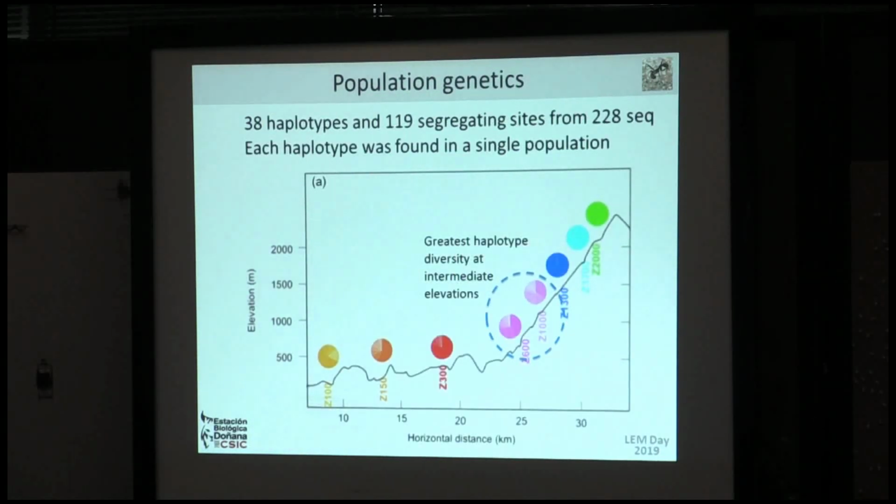Concerning population genetics, we found 38 haplotypes, and each haplotype was found in a single population. As you can see by the colors, the greatest haplotype diversity was at intermediate elevations, 600 and 1,000 meters of altitude.